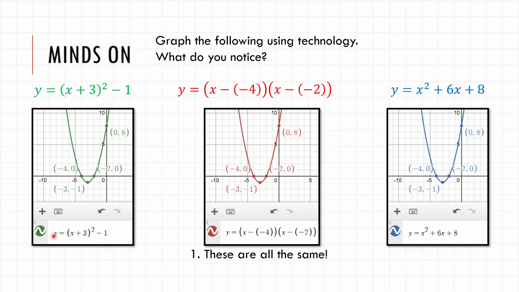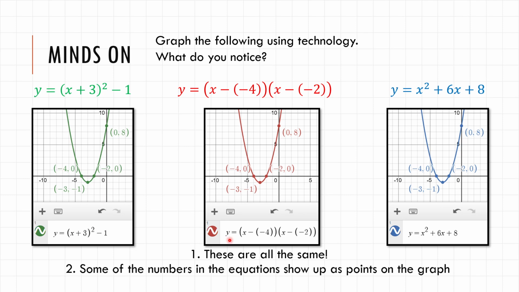If I look at these equations and then I look at the graph, I actually see a lot of numbers in common. A lot of the numbers in the equations show up on the graphs. For example, this is a quadratic equation, like they all are. Obviously, they produce a parabola. And this one is in vertex form. And we call it that because notice that the tip of the parabola, the vertex, has those very similar numbers.